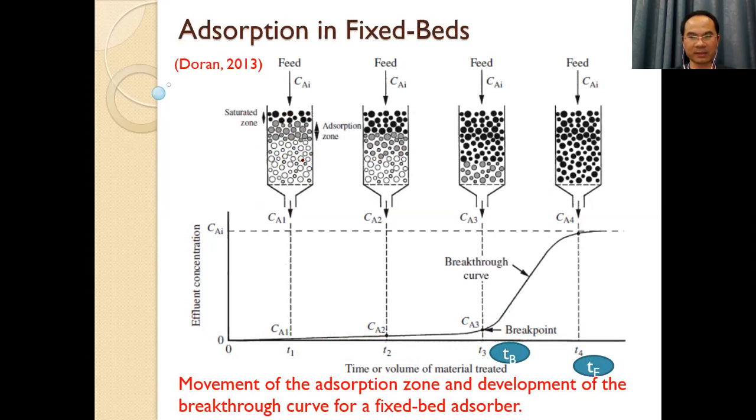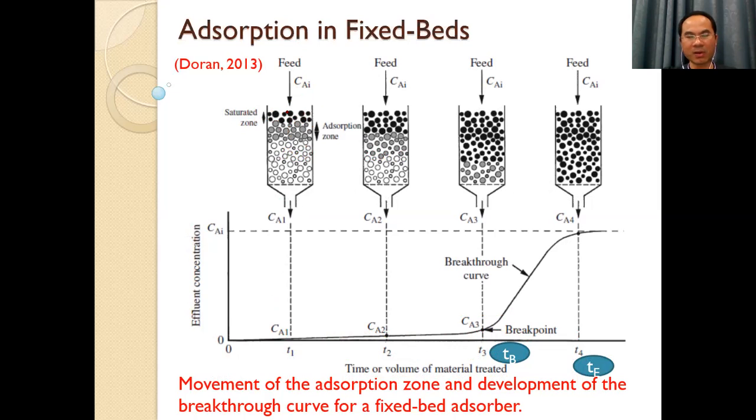If we consider T1, at the start, we feed the liquid with concentration CA0. CA0 is the concentration of solute in the feed. At this time, when the solution contacts the adsorbent, adsorption occurs and solute accumulates on the adsorbent.